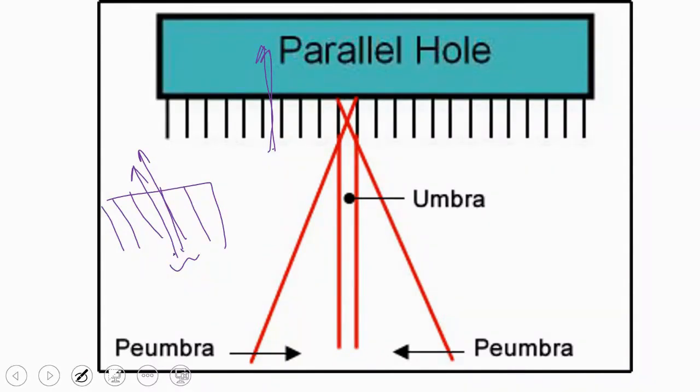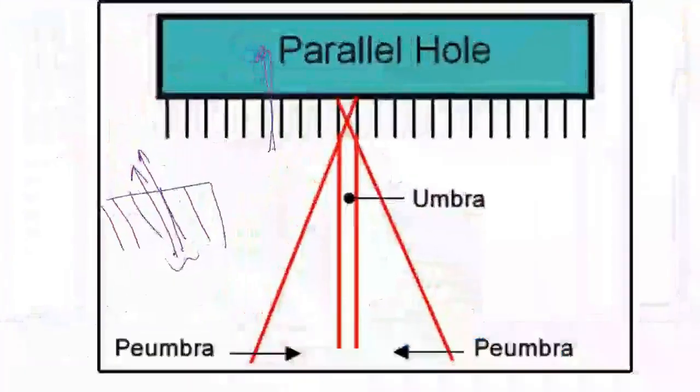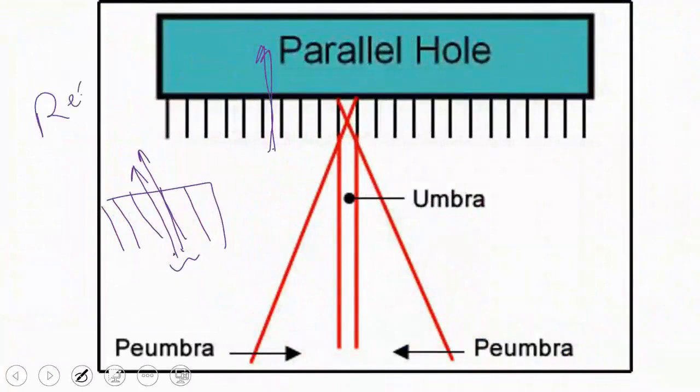Beautiful. So based on what I explained, the resolution here depends on what? Does it depend on the diameter of the hole or not? The wider the hole, the larger its diameter. Does the resolution decrease or increase? So, if the diameter of the hole increases, does the resolution decrease? And what about sensitivity?